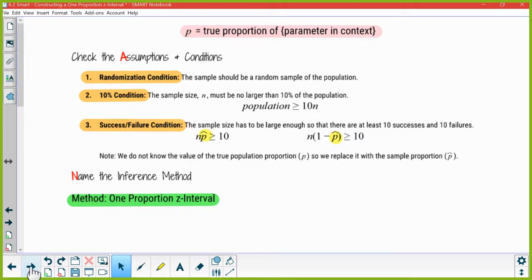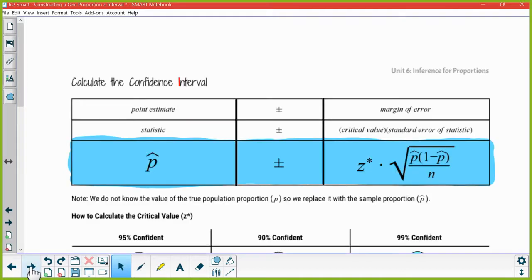So we've done PAN. I is the actual calculation of the confidence interval, and we've talked about this briefly yesterday, where we said it was the point estimate, which is your sample statistic, plus or minus the margin of error. We talked about how on the formula chart, it says statistic plus or minus critical value times standard error of statistic.